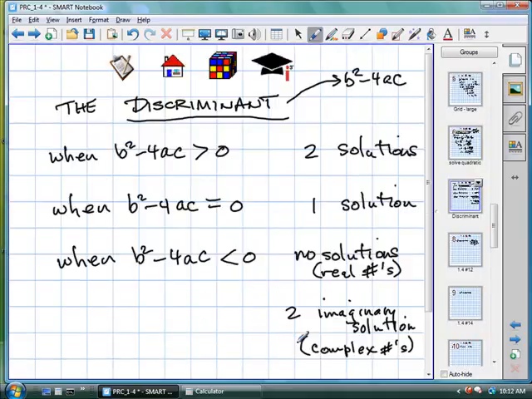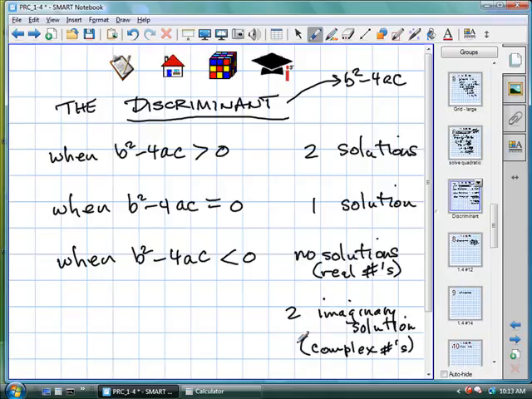Now, the quadratic formula is the third technique that we use for solving quadratic equations. Underneath the square root sign in the quadratic formula is this creature called b squared minus 4ac. That has a special name.